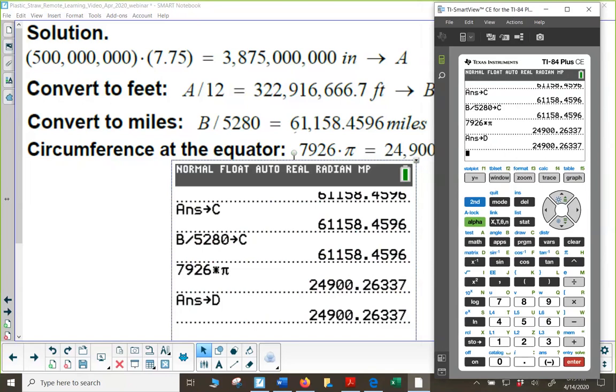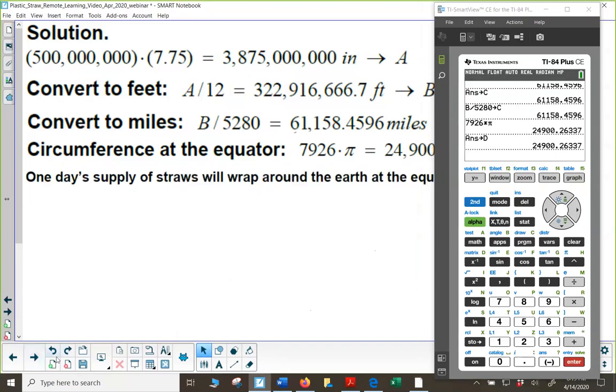All right, so now I've got how many miles this is. It looks like there are fewer miles in the circumference than the length I got for the plastic straws. So I'm going to divide those to see how many times it goes around.